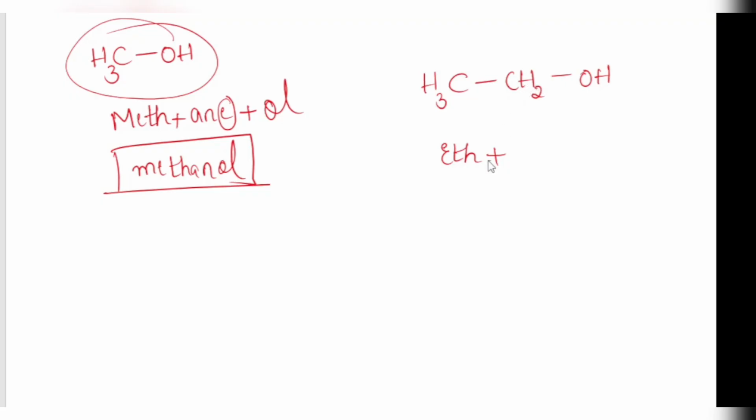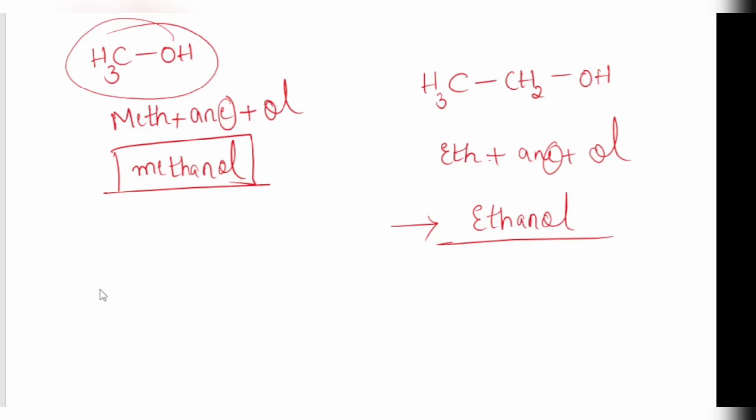Here carbon-carbon single bond is there, double and triple bond is not there. That means what is the primary suffix? That is ANE. Then what is the secondary suffix? It contains alcohol, that's why OL. Elision of E has to take place, and finally we will get the IUPAC name as ethanol. Ethanol. By pronunciation also we have to properly pronounce ethanol.